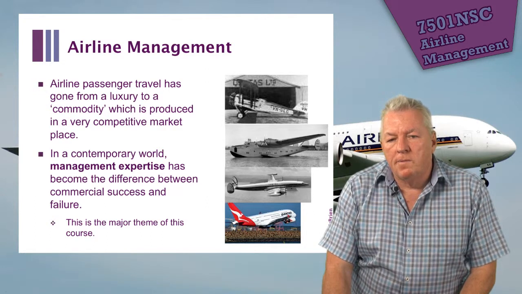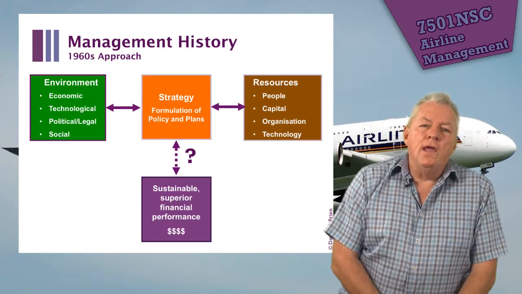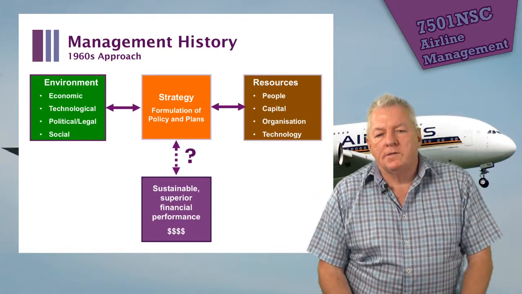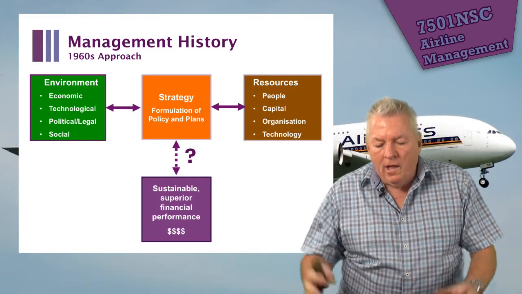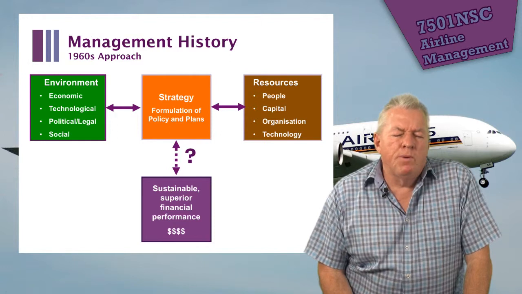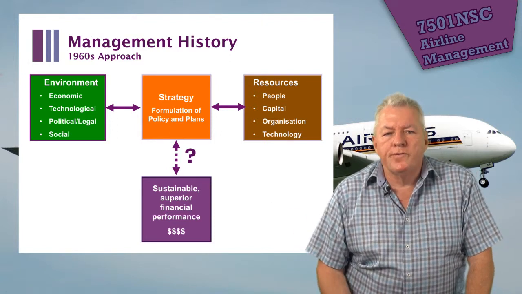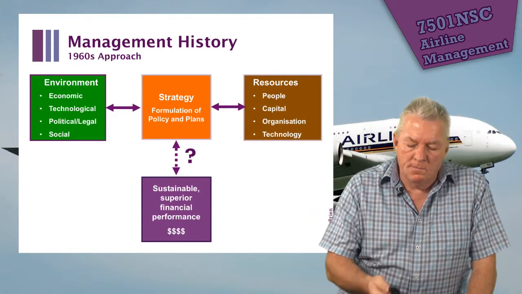And again, if you remember back to one of our learning objectives, it's about determining what leads to commercial success and failure. In the old days, it was pretty easy. The world was a lot smaller place than it is. If you had a small airline, you serviced a relatively small area, and there wasn't a lot of competitors, so all you had to do was plan your resources in the environment that you lived, put a bit of strategy together, and you came up with some dollars.